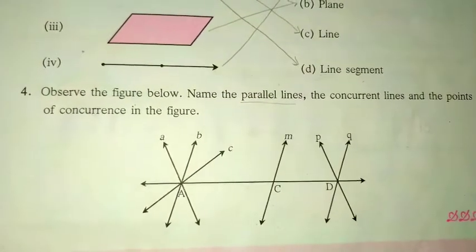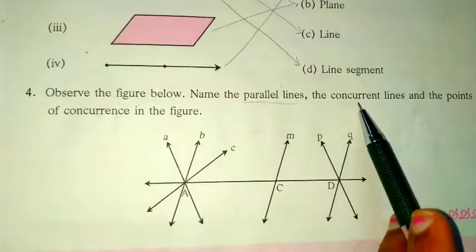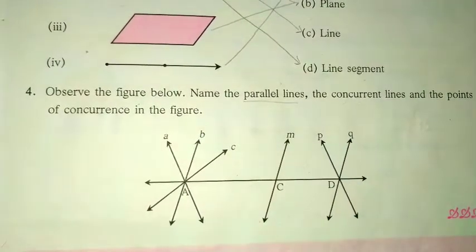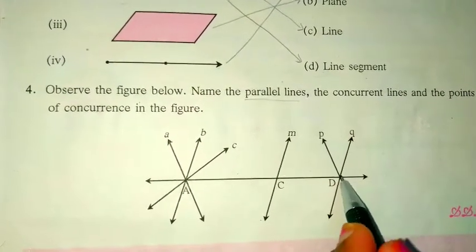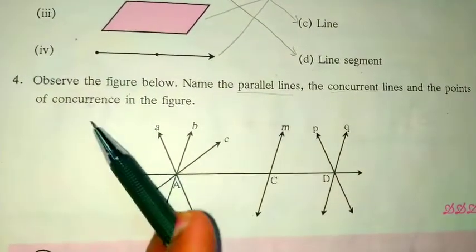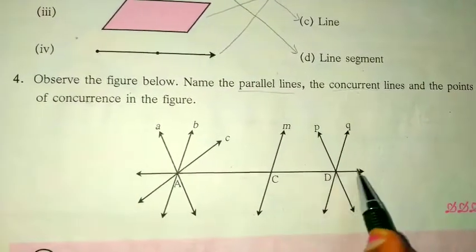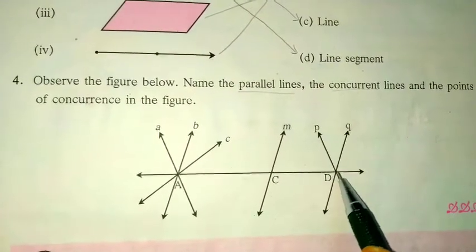Concurrent lines are those lines that intersect each other at one point. And the point where they intersect is called the point of concurrence.